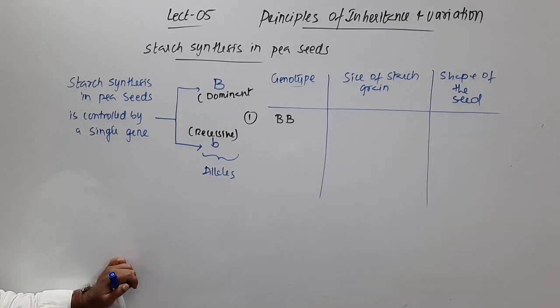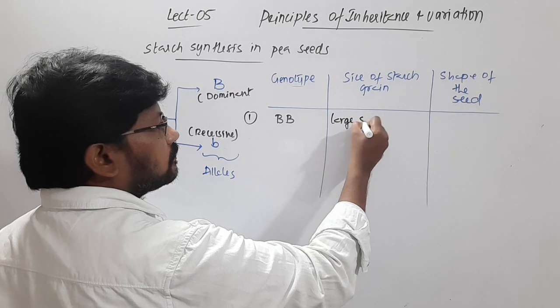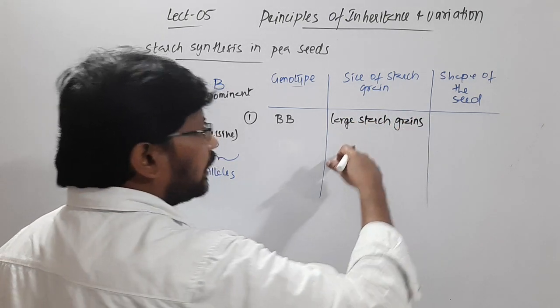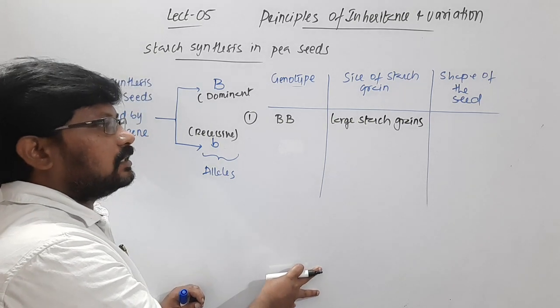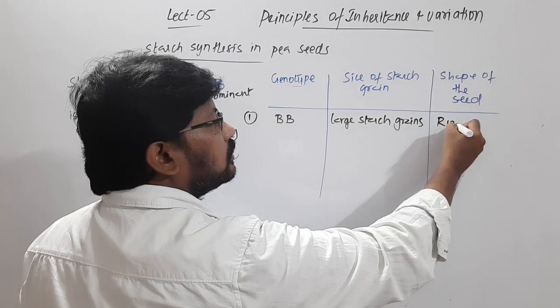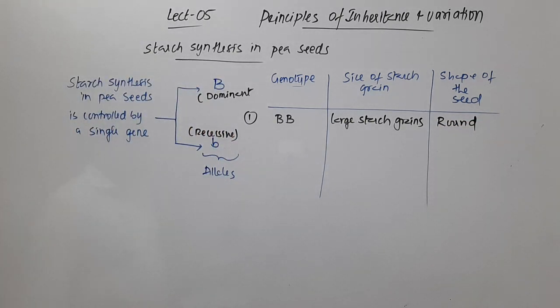So when the plant inherits both dominant genes, then it will produce large starch grains, and the presence of these large starch grains makes the shape of the seed round.